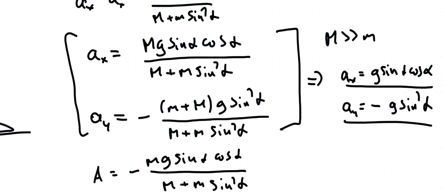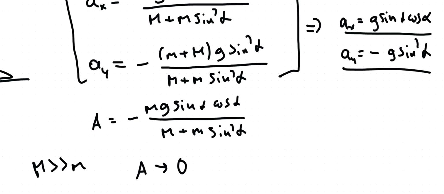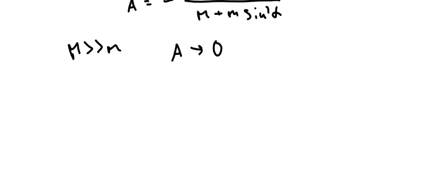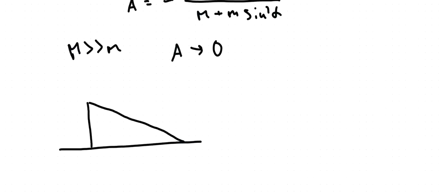This should be the same as the solution for the wedge when it's stationary. So let's try the stationary wedge solution. Here I have capital M, here I have alpha. Let's call it M equals infinity, so it's a very, very heavy wedge.